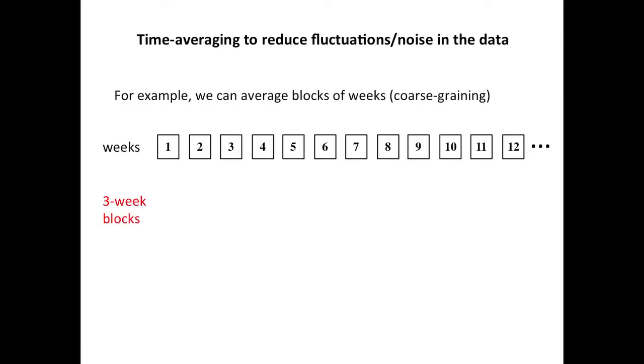So let's imagine we have some data just on a weekly basis. For example, we could make blocks in 3-week sets. We'll take the first 3 weeks and average those 3 data points.